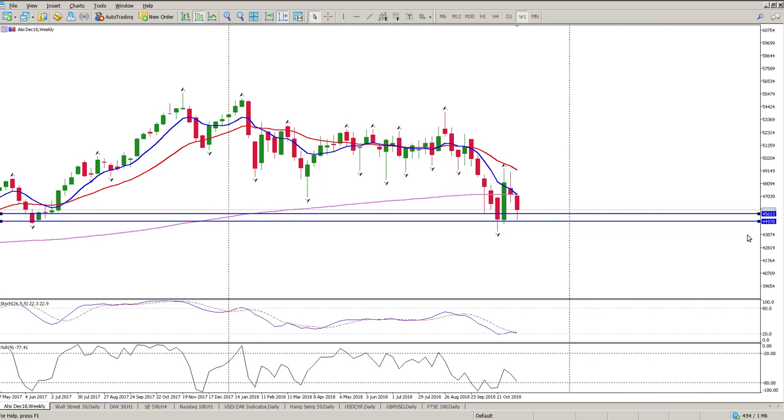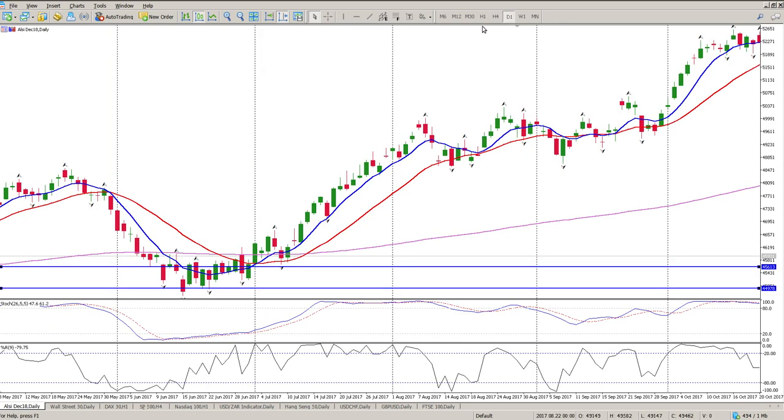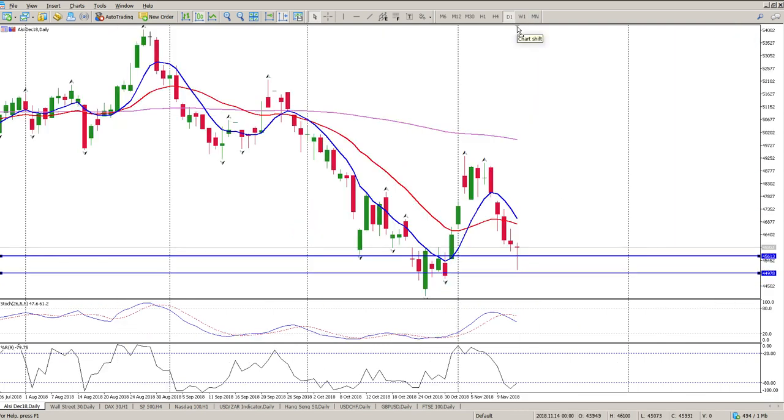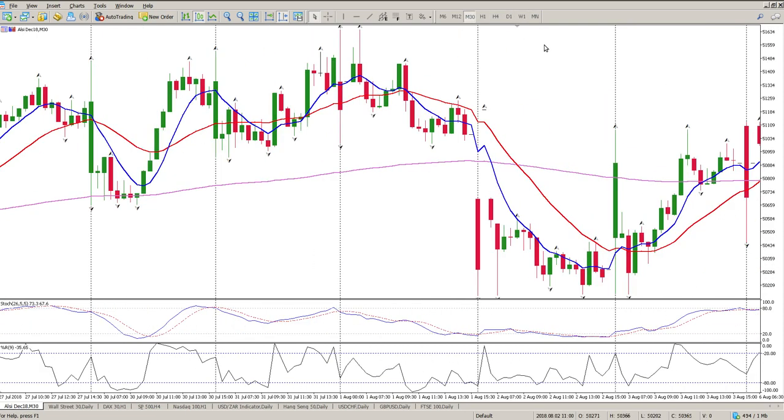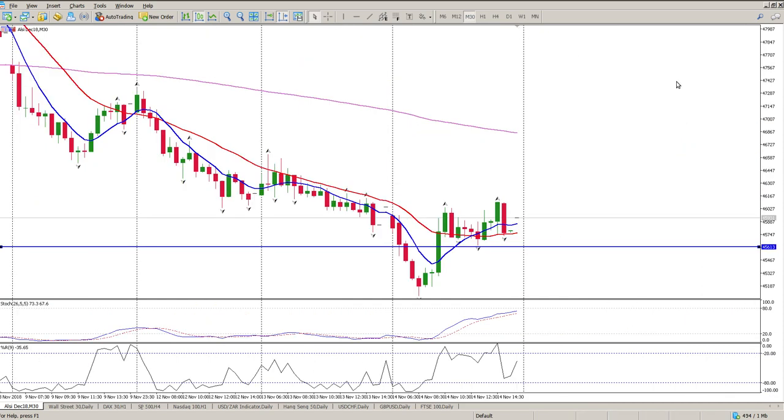So I strongly suspect that we are going to continue moving to the downside. Let's get this sorted out. So, 30 minutes. We stayed below this trend line, pretty much fell off, came back with the Tencent results.